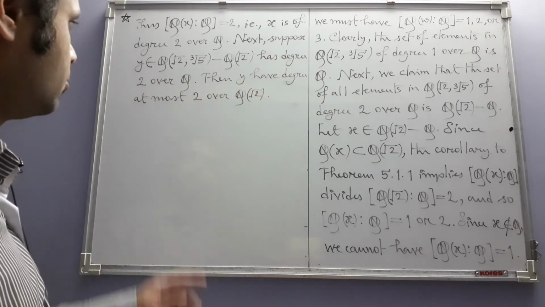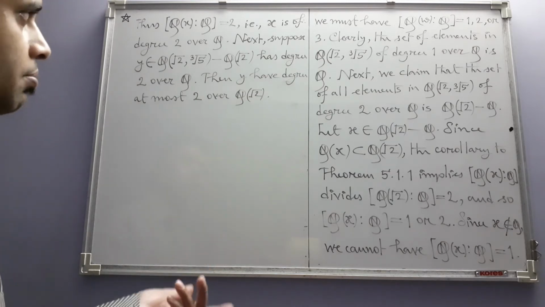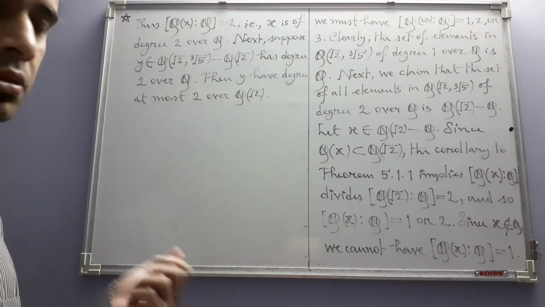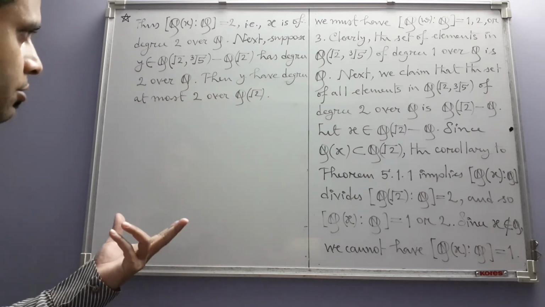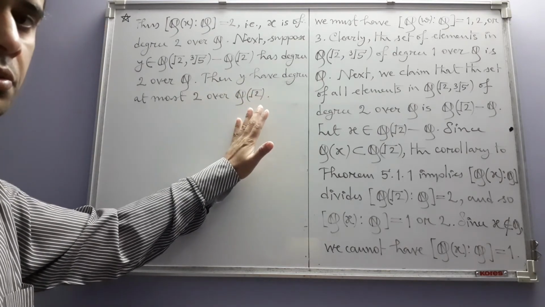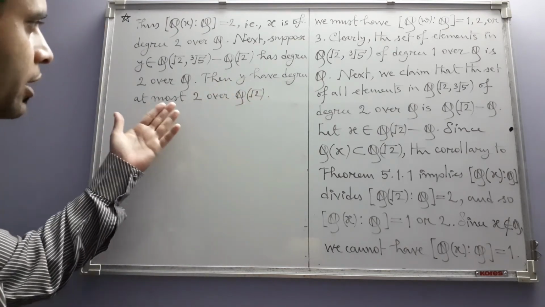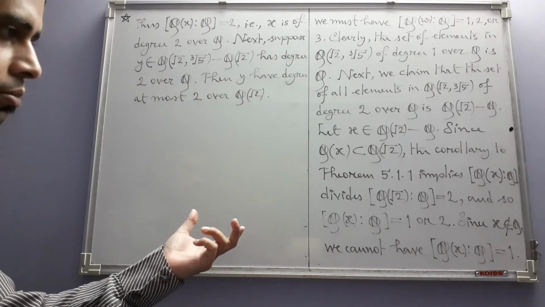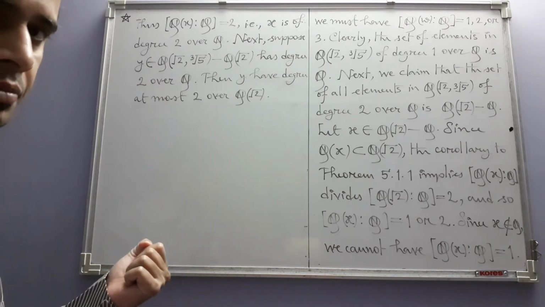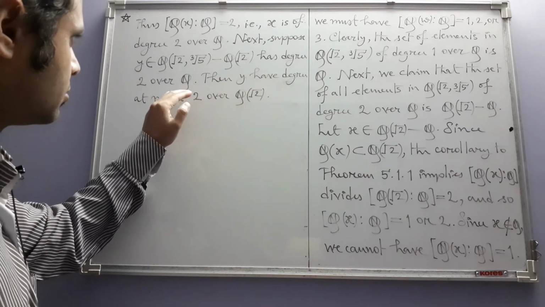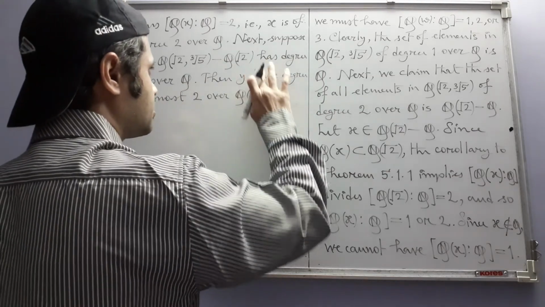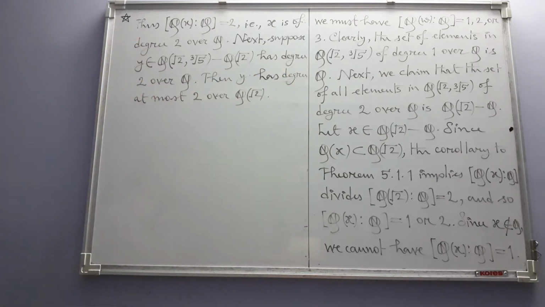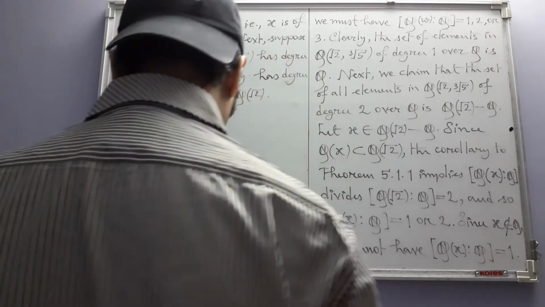Y having degree 2 over Q means the minimal polynomial of y over Q is of degree 2. Now that minimal polynomial is also a polynomial over Q(root 2). So the minimal polynomial of y over Q(root 2) will either be that polynomial or a polynomial of lower degree. So that's why we are writing then y has degree at most 2 over Q(root 2).